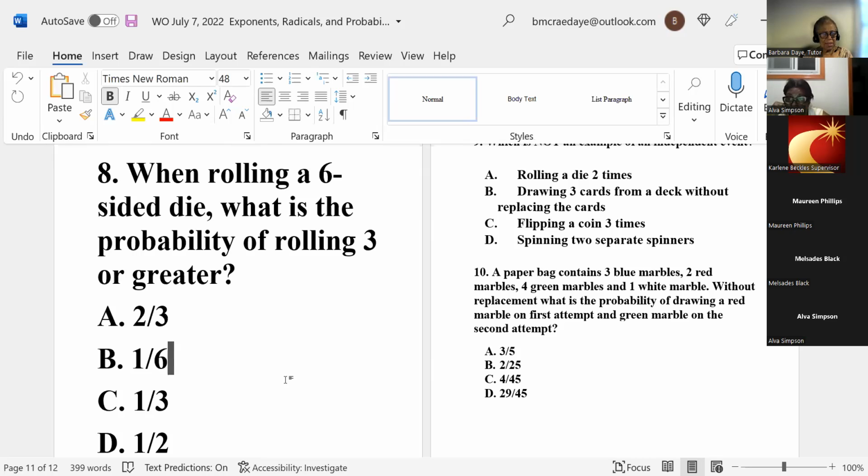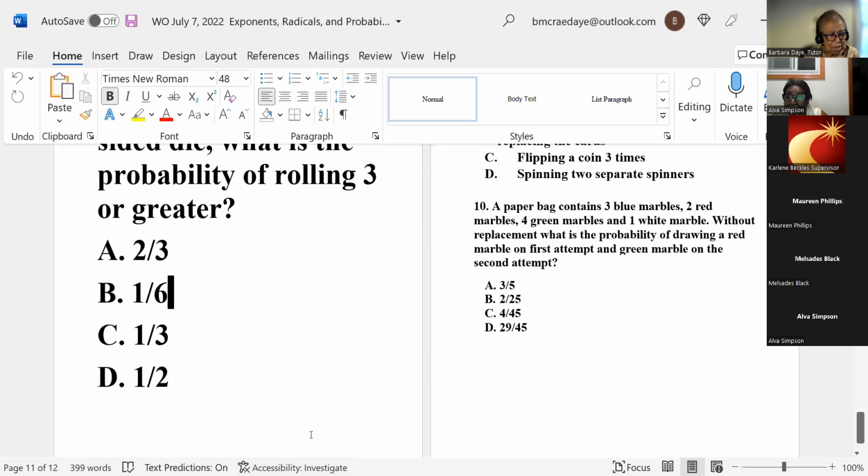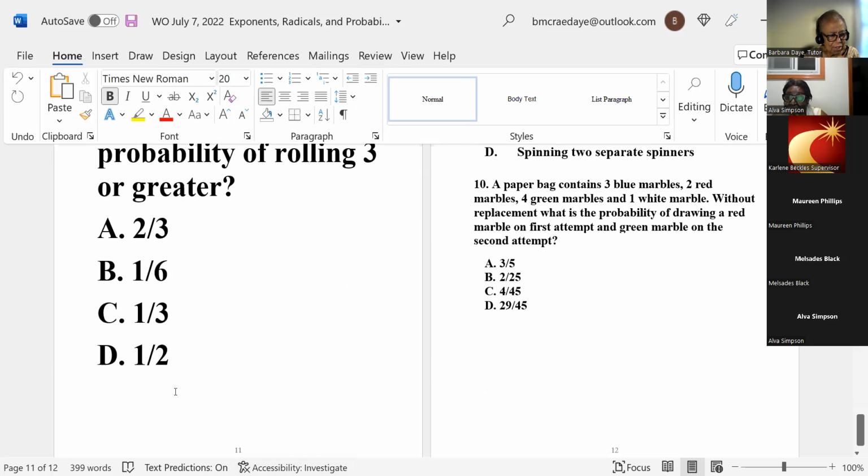A 6-sided die. Now, a die has 6 sides, and each side has a certain number of dots. And it's 1, 2, 3, 4, 5, 6. So I want to see if you can figure it out.